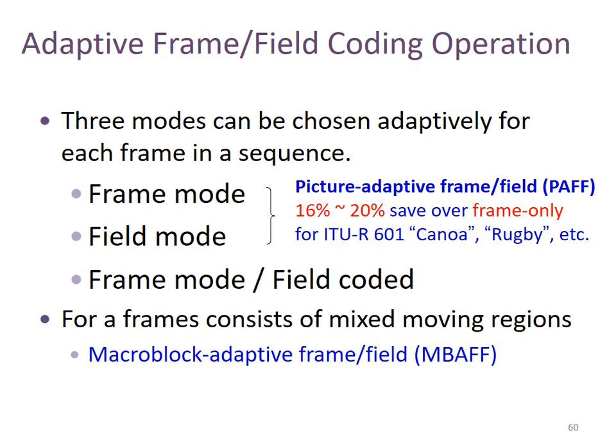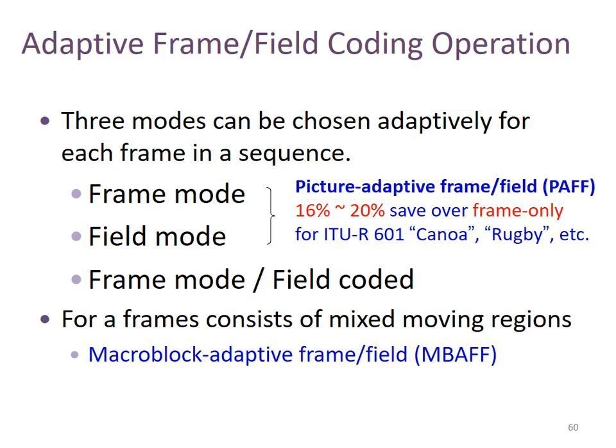So you can see when we choose different modes adaptively based on the content of the videos, we can achieve higher bitrate saving, 16% to 20% saving over frame-only video compression.